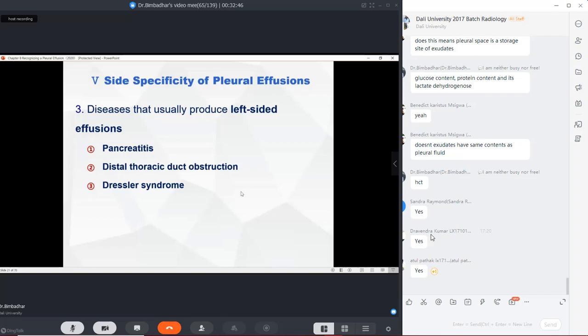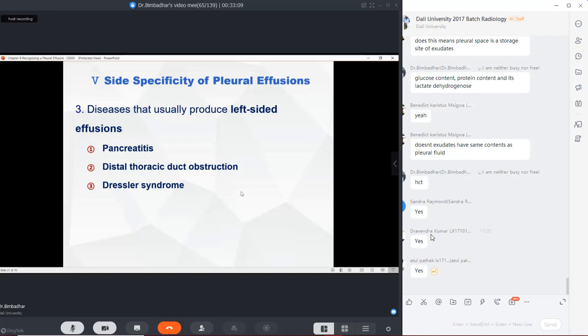Pancreatitis, distal thoracic duct obstruction and Dressler syndrome are the ones that cause a left-sided pleural effusion. Remember this as a fact. Don't get into much more detail.